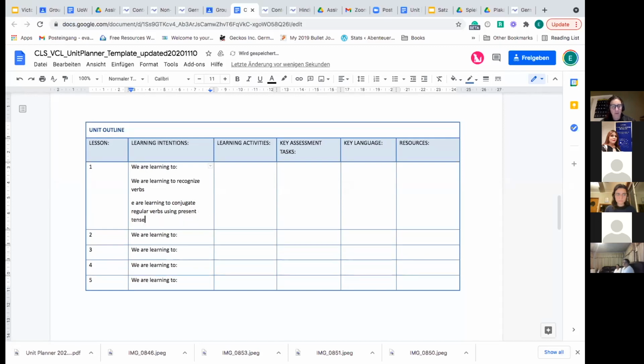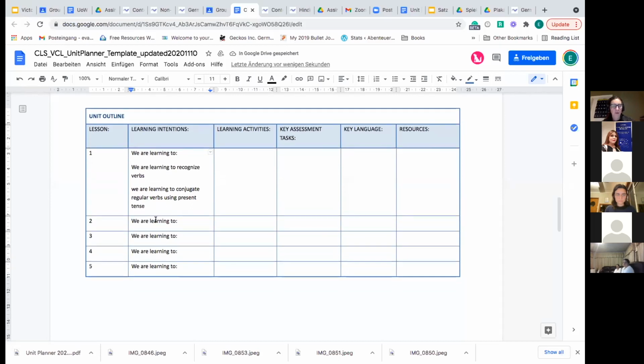Let's start simple with present tense and not with past tense. And we do irregular verbs as well.